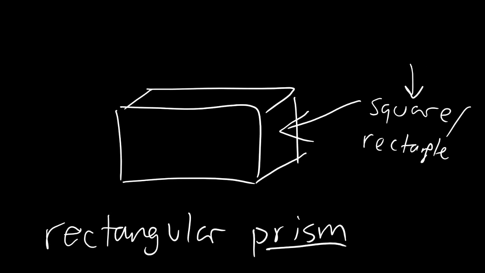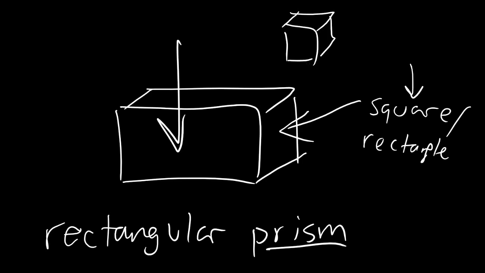Also recognize that the squares are rectangles as well. And notice that each side is a rectangle. We have a special name for when all six sides are the same length. Well, all six faces are squares.